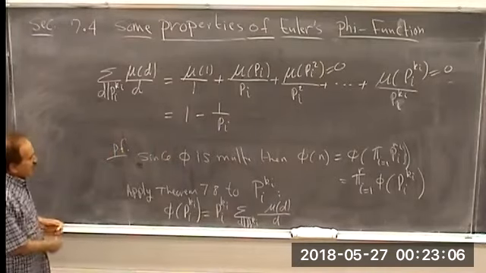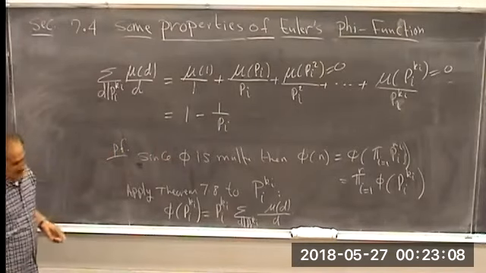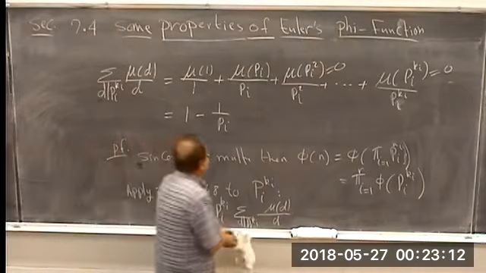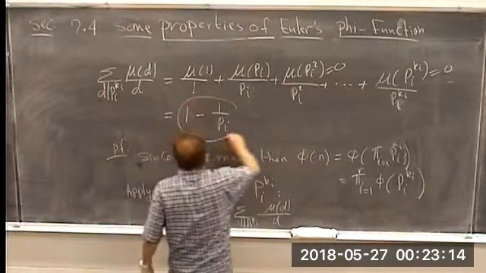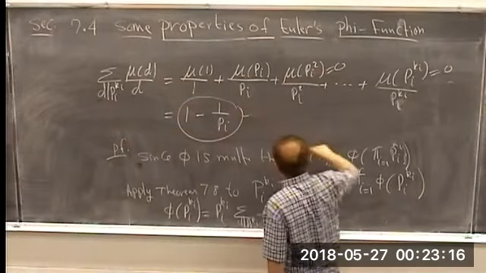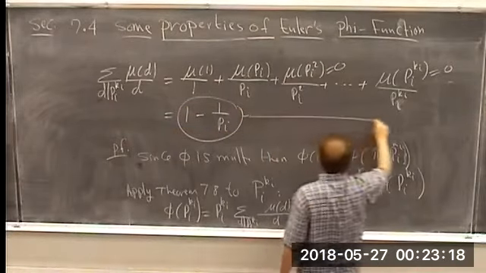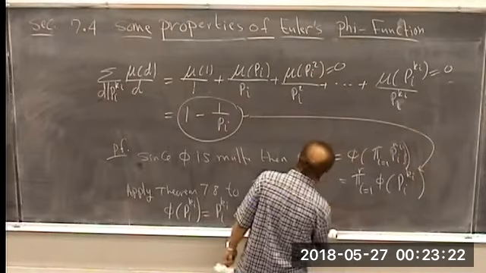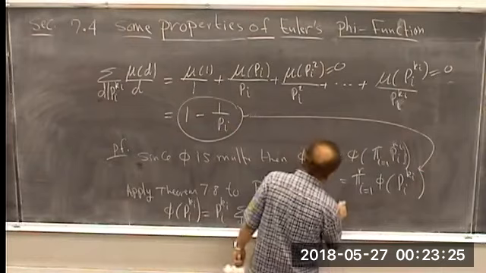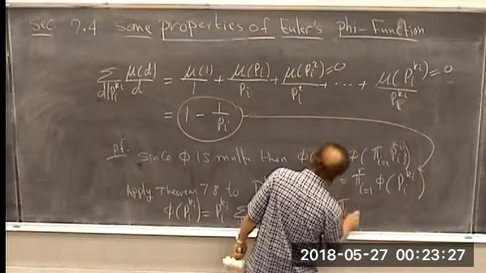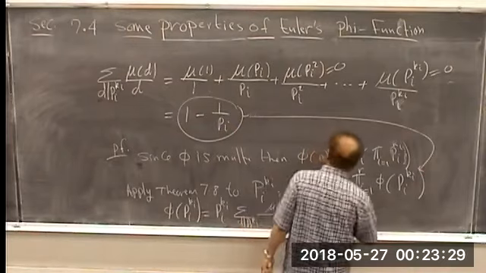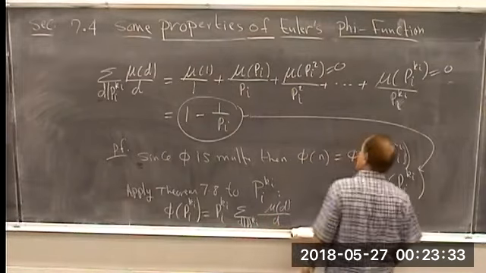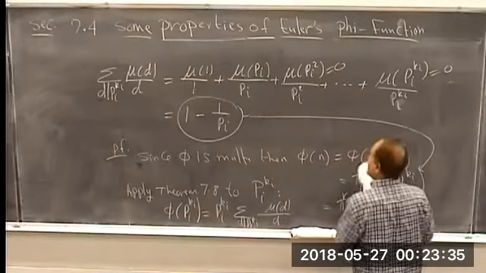And now, since phi is multiplicative, we have this equal to the product from i equal 1 to r of 1 minus 1 over p sub i.